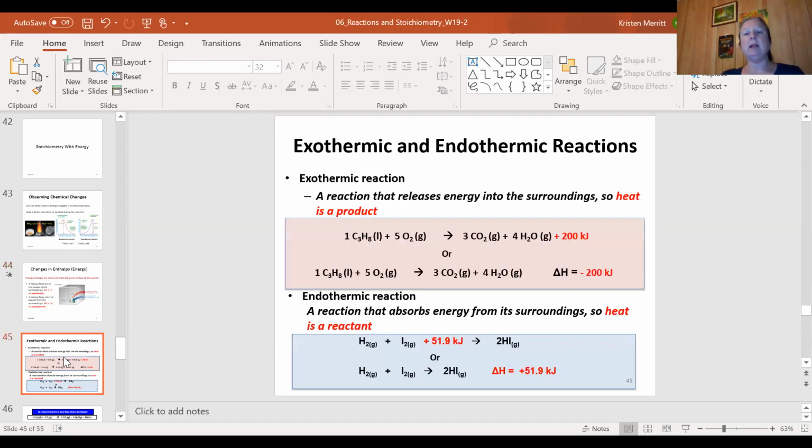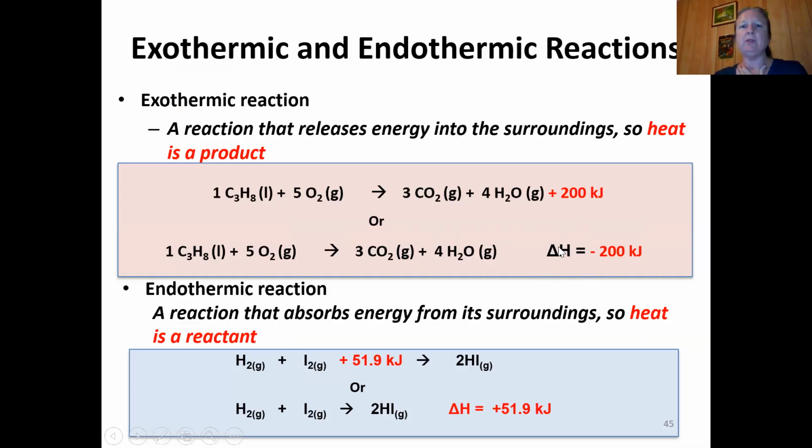We can calculate energy just like we calculate moles of our reactants and our products. One thing to notice, when we do a delta H, it's the difference between the product and the reactant. There's an enthalpy total on this side, and there's an enthalpy total on this side.